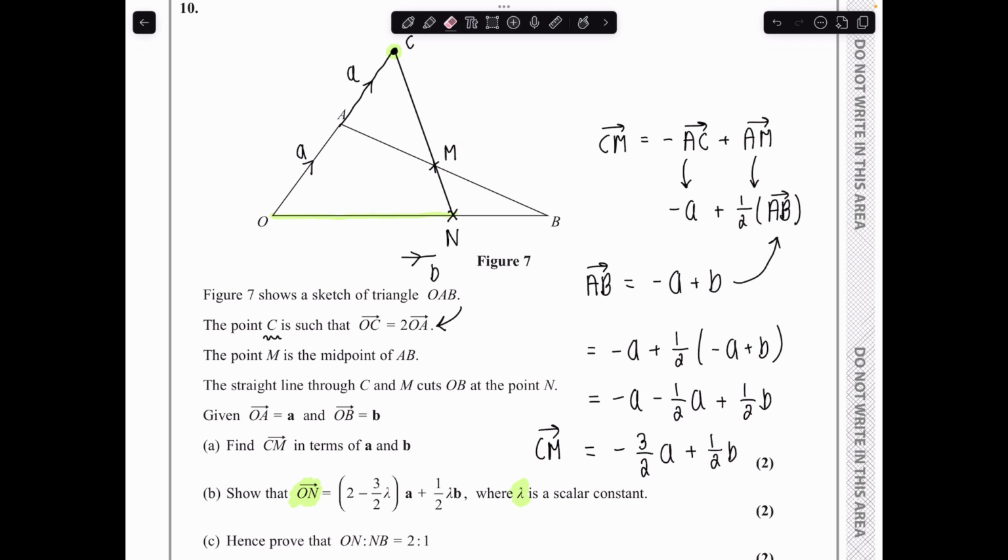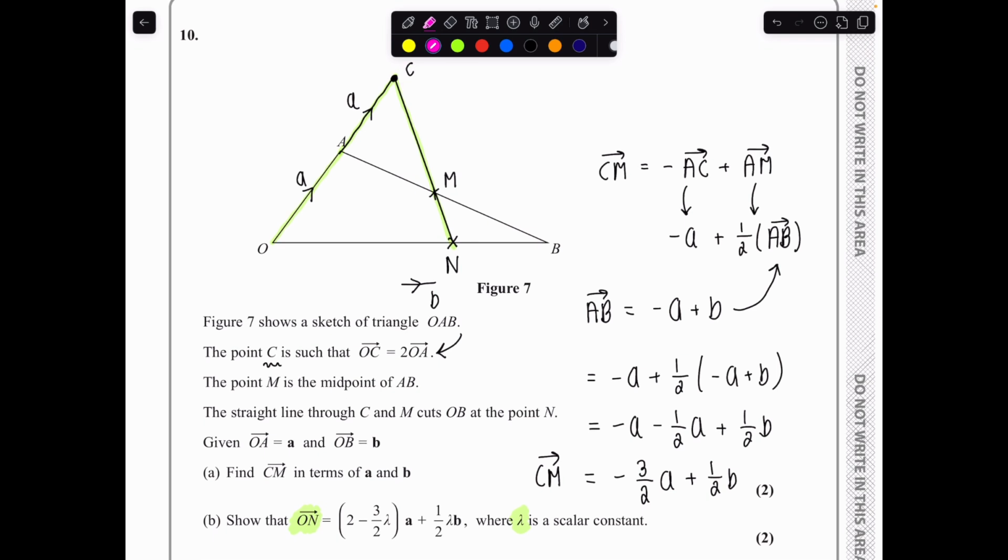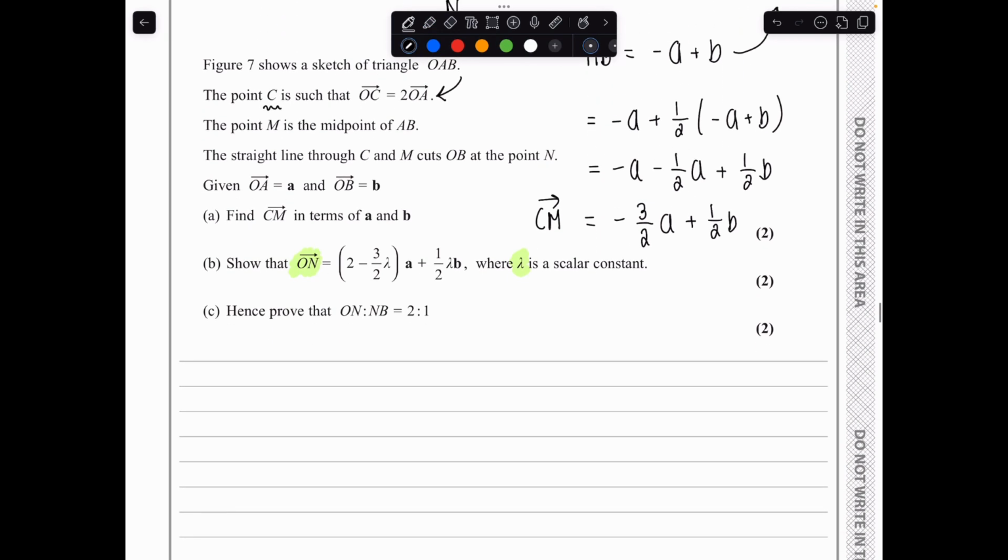Let's say, for example, we want to look at the following way of getting to O to N. Let's say we go from O to A, then we go from A to C, but then a neat trick we can use here is, since C to N is a straight line, in other words, C to N is a scalar multiple of C to M. So I'll repeat it one more time. Since C to N is a straight line, what we can say is C to N is a scalar multiple of C to M.